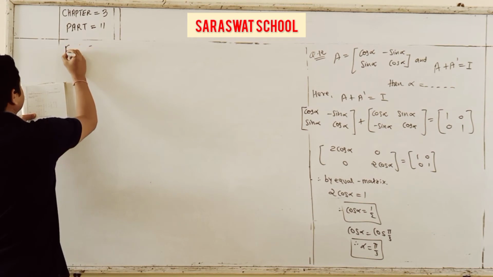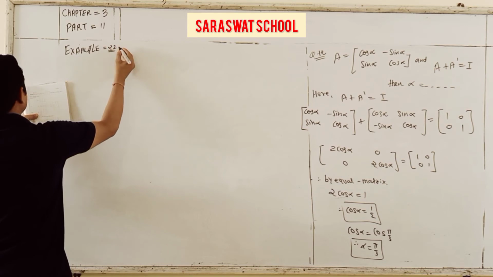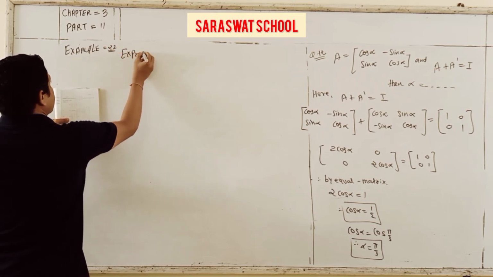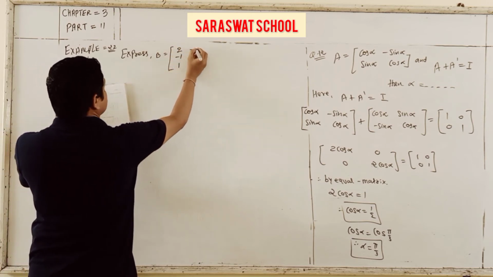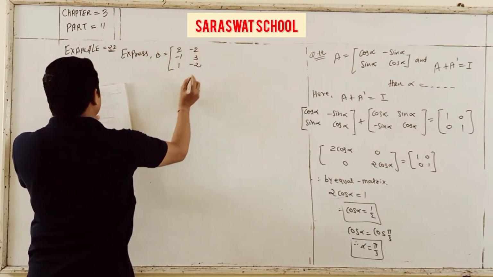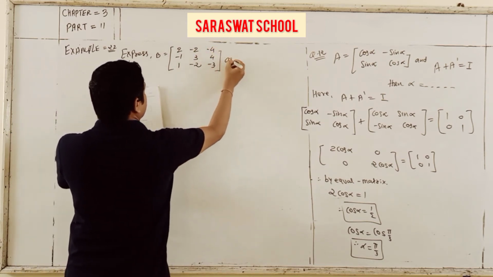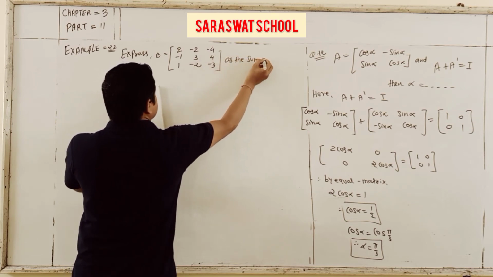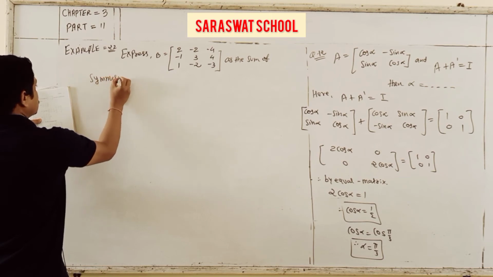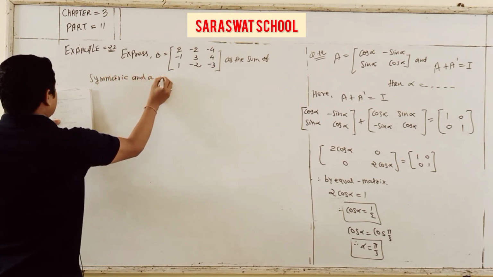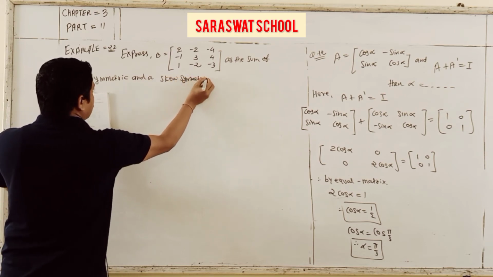Example number 22: express matrix B, 2, minus 1, 1, minus 2, 3, minus 2, minus 4, 4, minus 3, as the sum of a symmetric and a skew symmetric matrix.